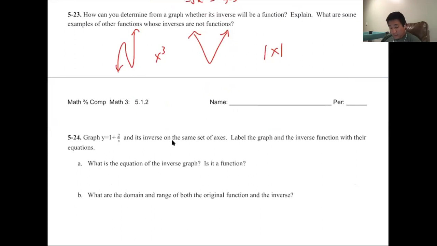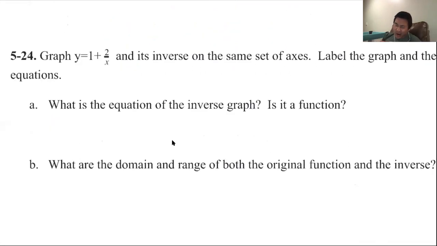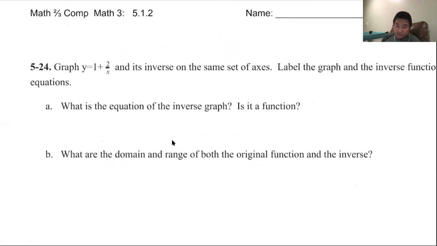Graph the function below and its inverse on the same axes. Label the graph and inverse with their equations. Let's see. So x equals 1 plus 2 over y.